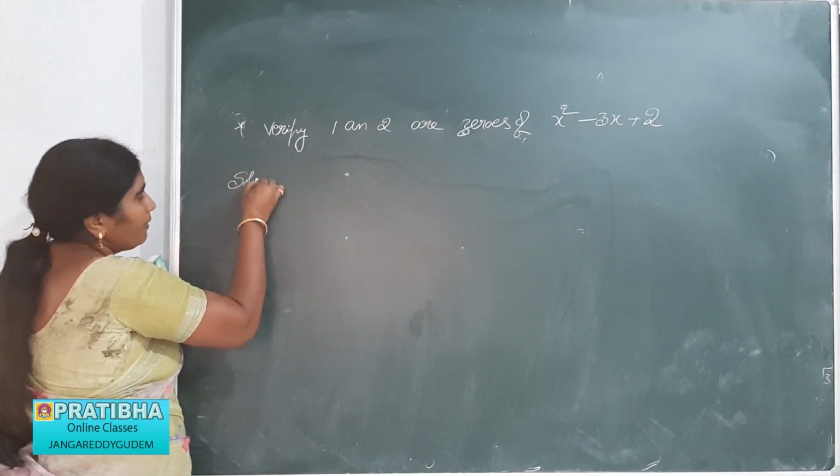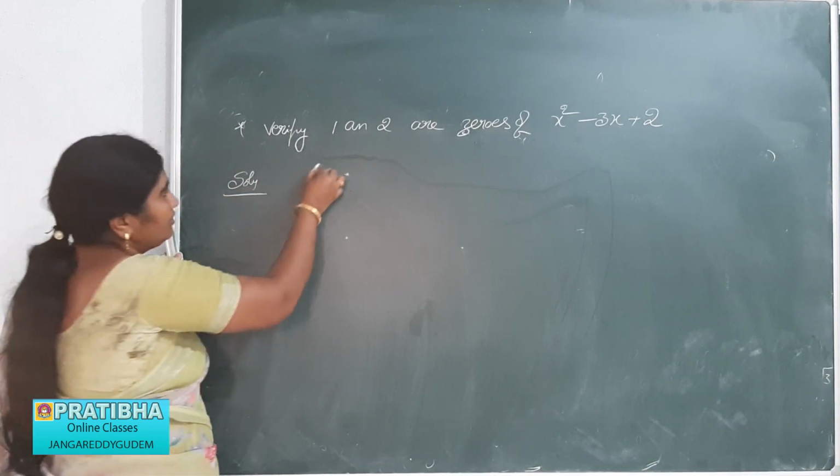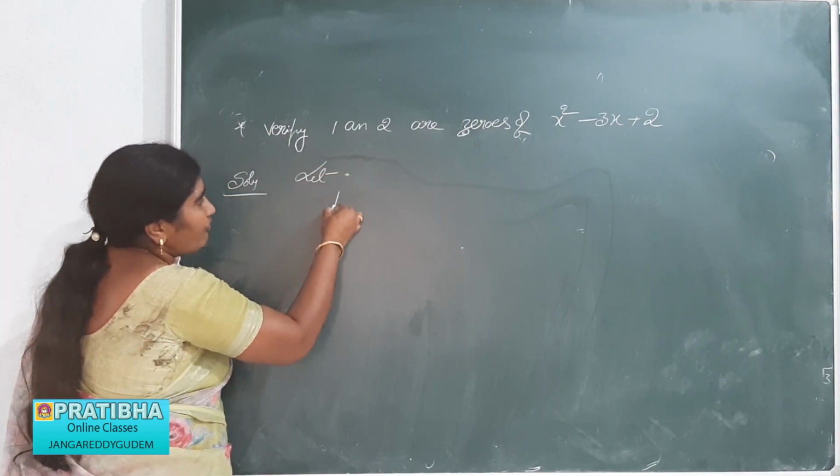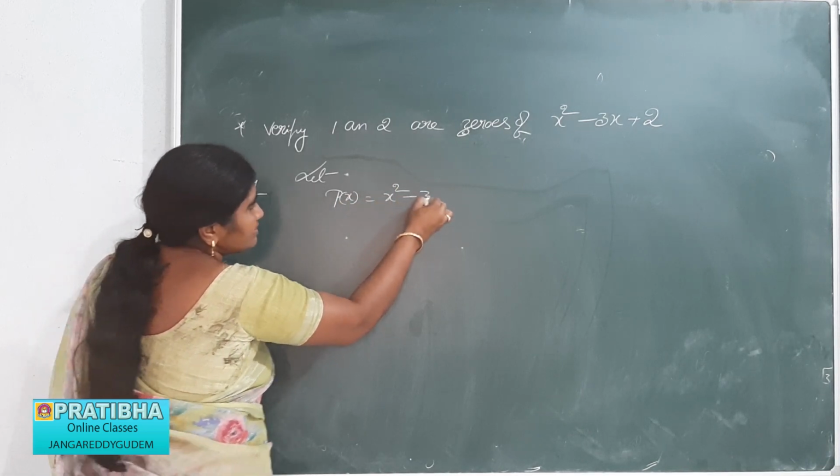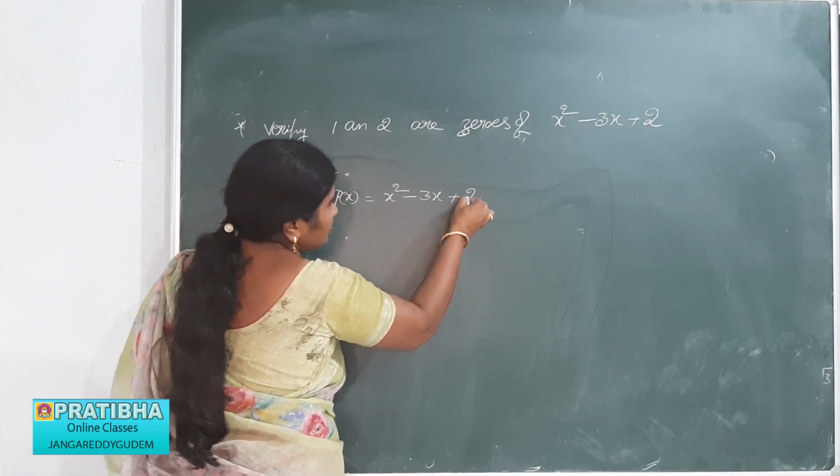Solution. Let p of x equal to x square minus 3x plus 2.